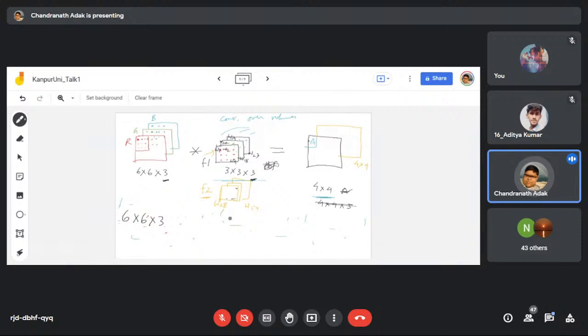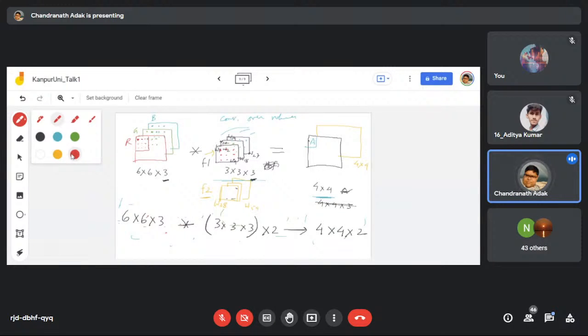Now I have used 2 filters, each of size 3 cross 3 cross 3, filter 1 and filter 2. That means I am convolving this with 2 filters, and I am getting 4 cross 4 into 2. Okay. Clear everyone? Any doubt?